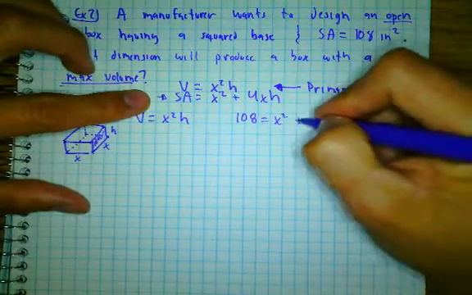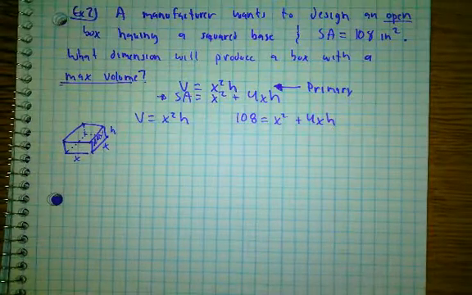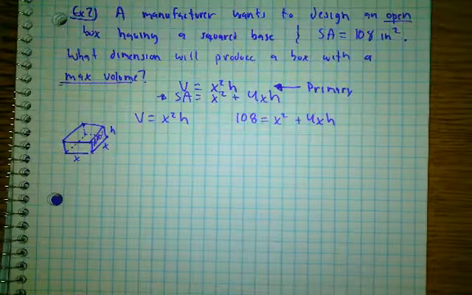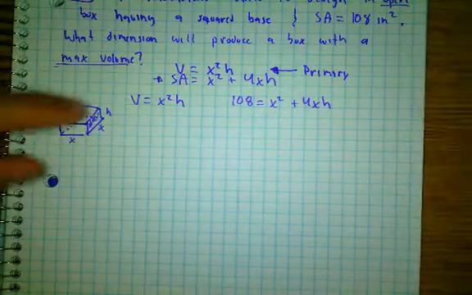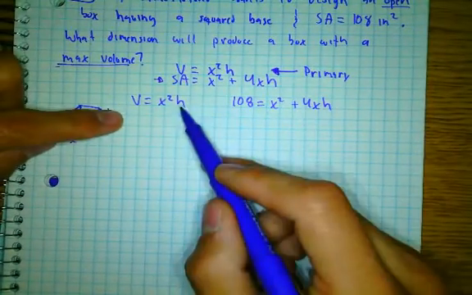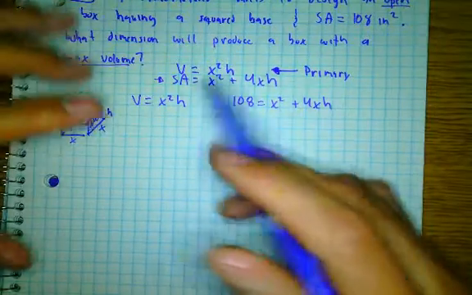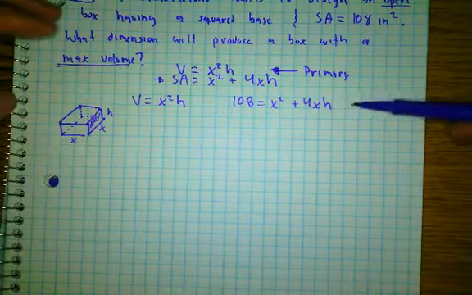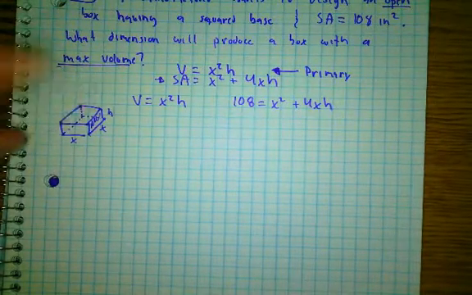Agreed? Okay. How can I then make this equation in terms of just one variable? What do I need to do with this equation? Solve for what? H. So if I solve for h here, do you guys agree that that would be h equals 108 minus x squared divided by 4x?